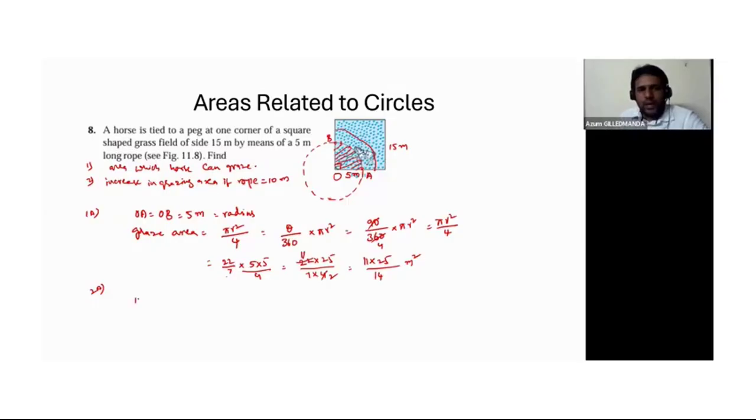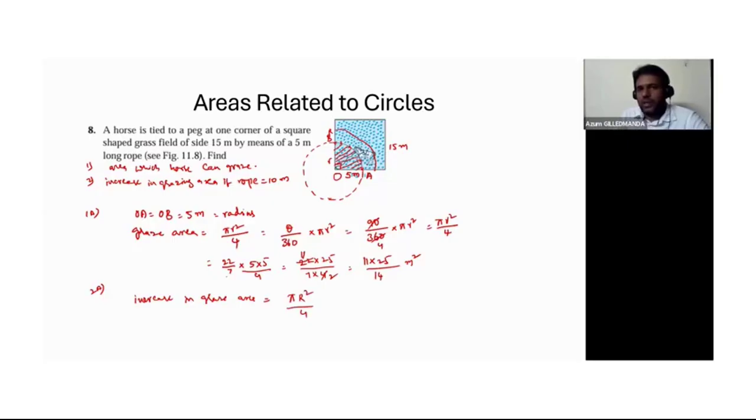So I can say the increase in graze area equals, let's say this is a small r and this bigger one is capital R, which is 10 meters. Can I say pi capital R square by 4?